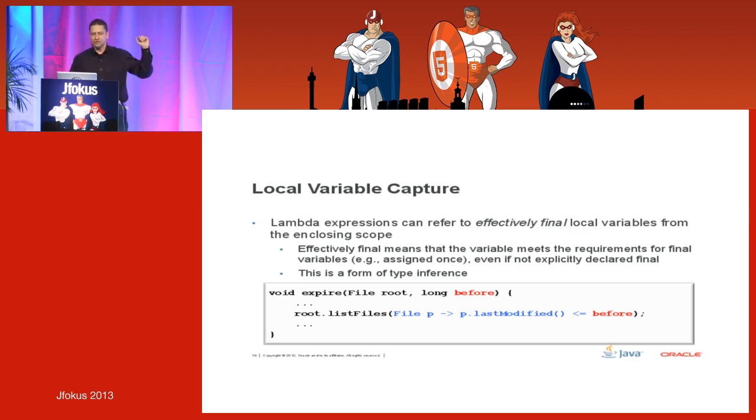So here, we've got a simple example where you pass in parameters for the file and also a timestamp. And then you're going to use a Lambda expression to say, was this file modified before the last modified time? Before is a parameter that's being passed into the method. We can infer that it is effectively final because it's not being changed in the code, and therefore we can use that as a reference within the Lambda expression, and that will work quite happily. There's no problem with that.